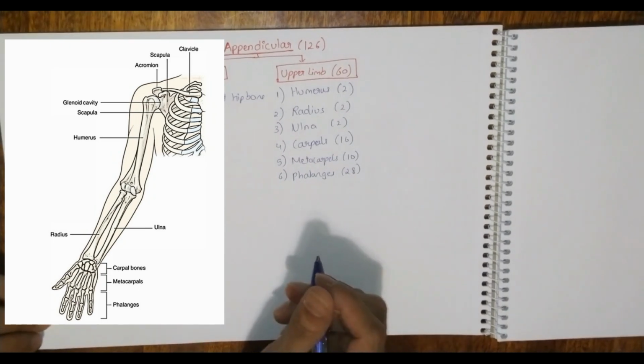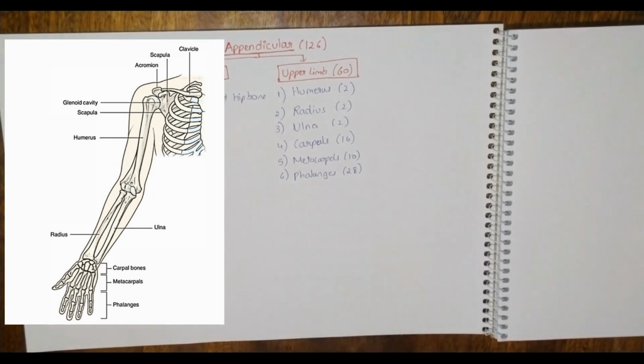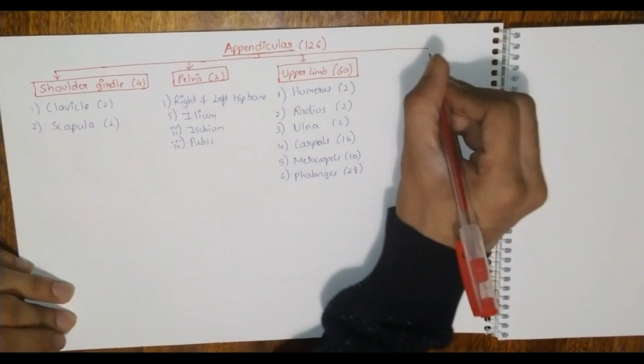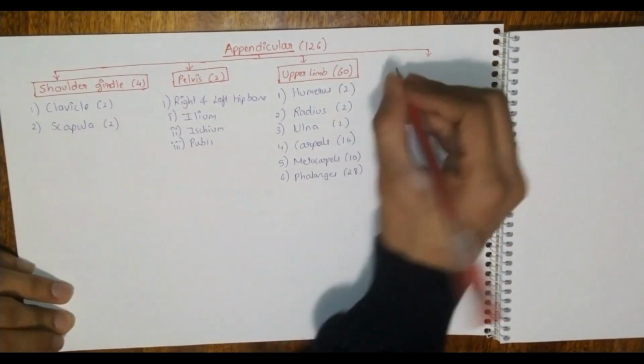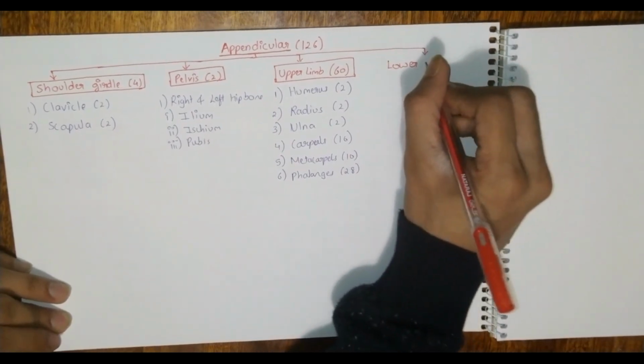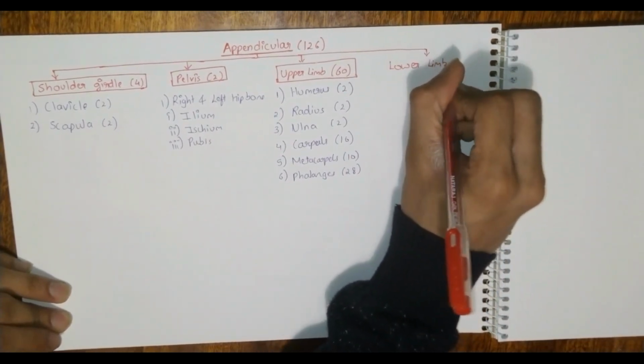This contains your upper limbs. Now the next and the last one is lower limbs, and lower limbs are also 60 bones.